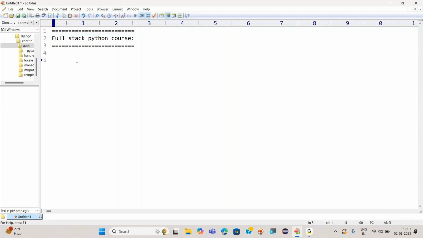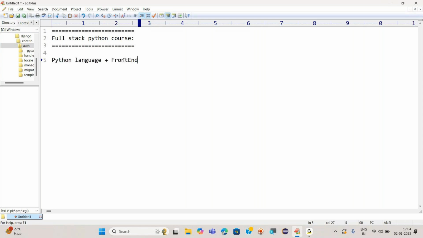First of all, we are going to start with the Python language itself. Then, as it is a full stack course, in parallel we will also go for Python plus the front end part.